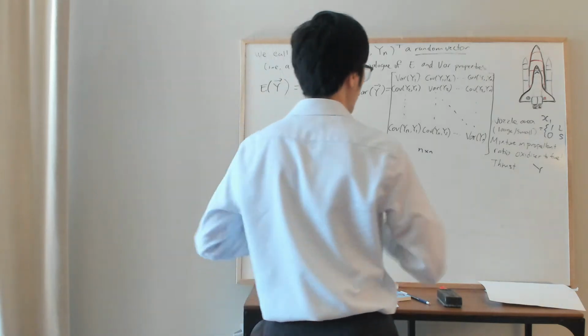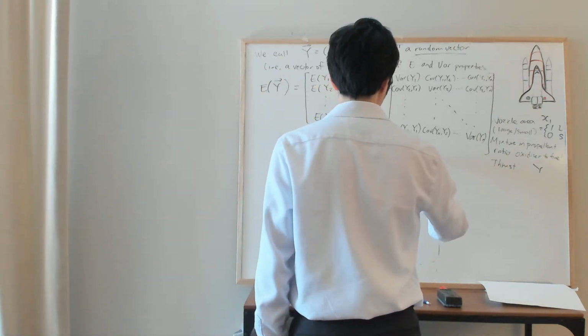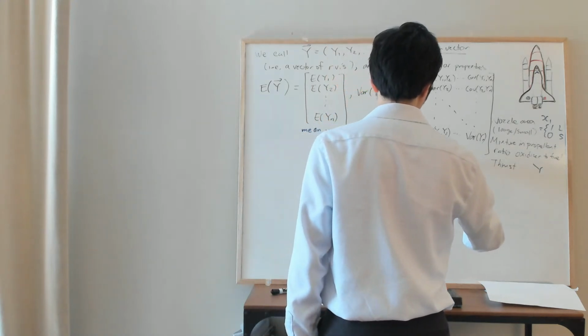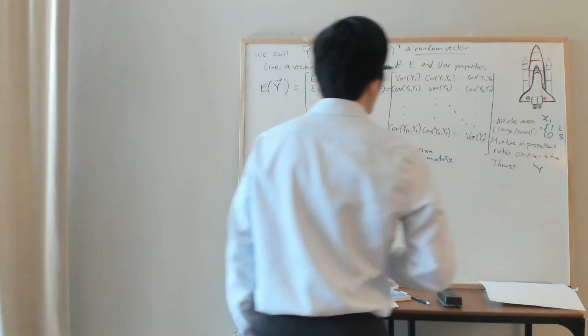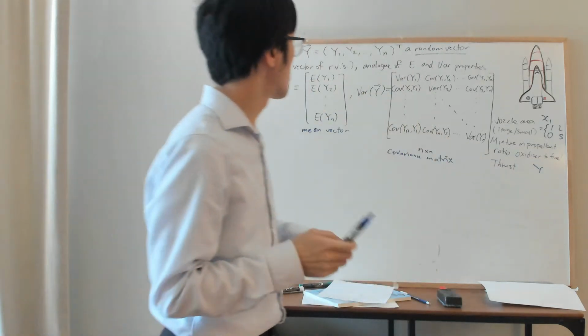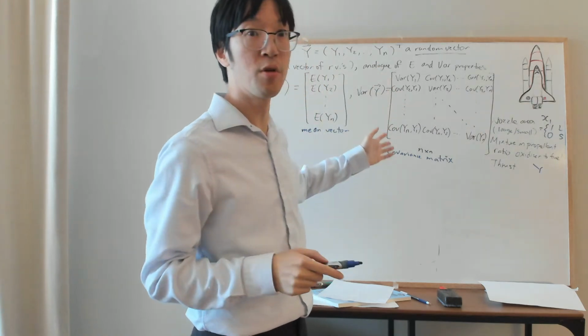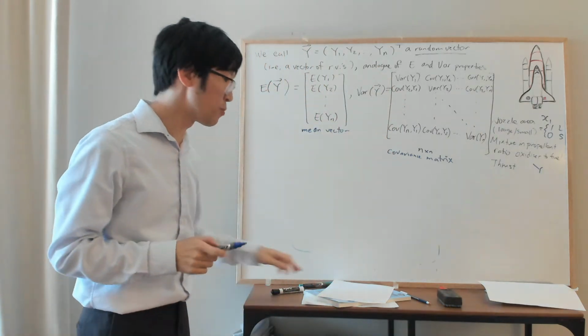We call this the covariance matrix because it expresses all the pairs of covariances between the n elements of the random vector y.